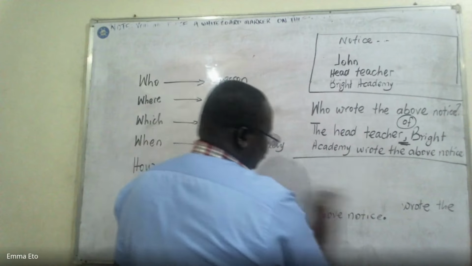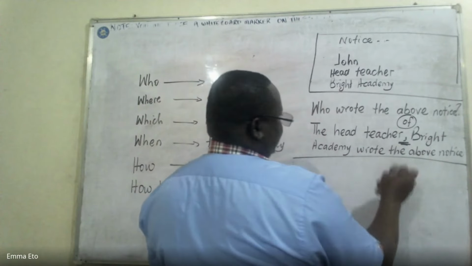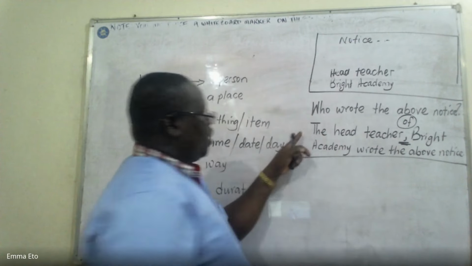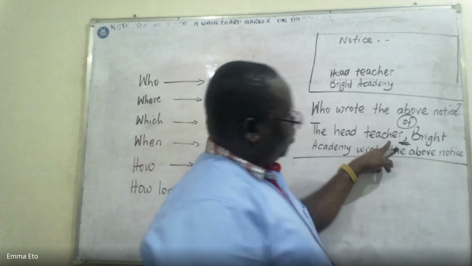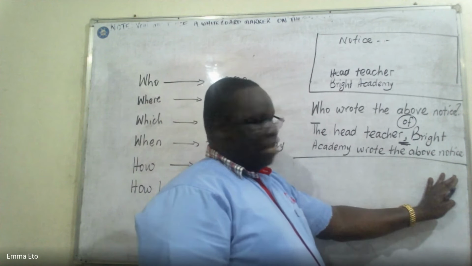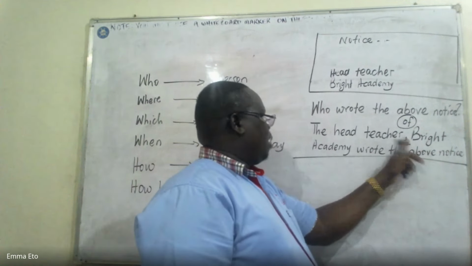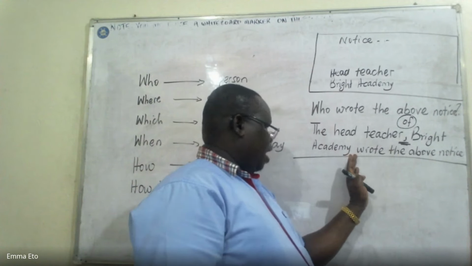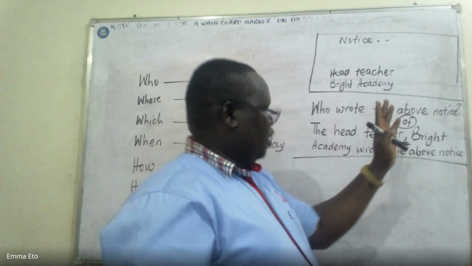If the name is not there, and there is the title, say the head teacher of Bright Academy wrote the above notice. If you don't want to use of, use a comma. The head teacher, comma, Bright Junior Academy wrote the notice.